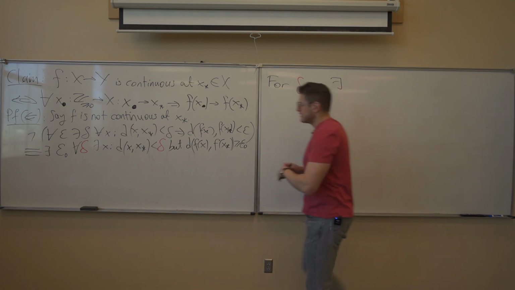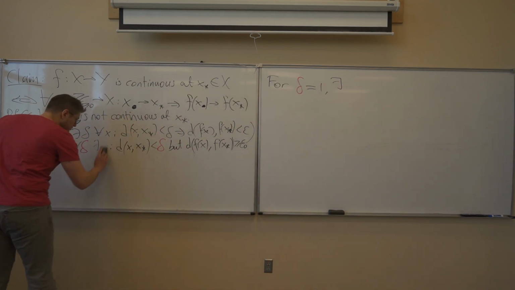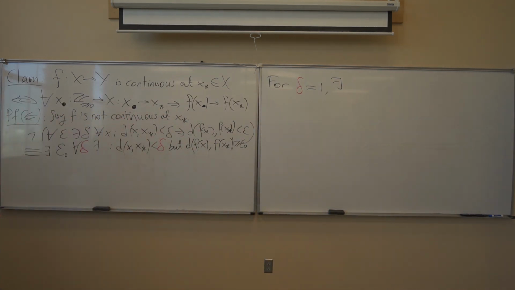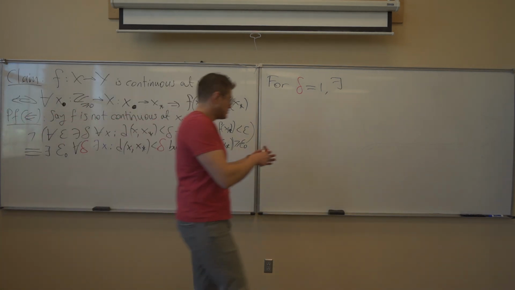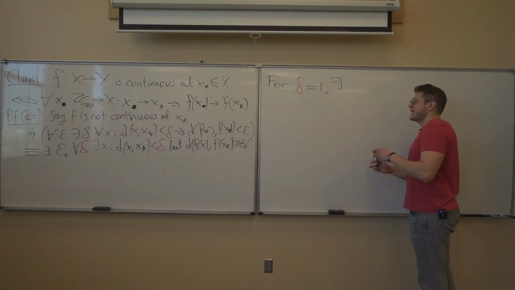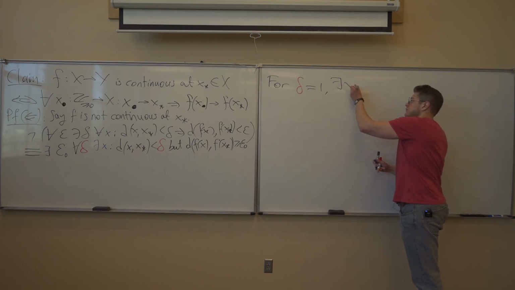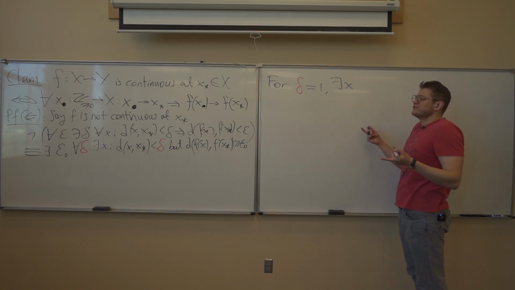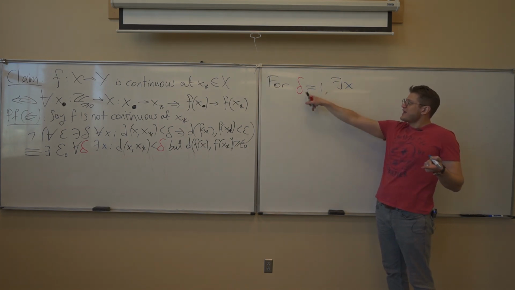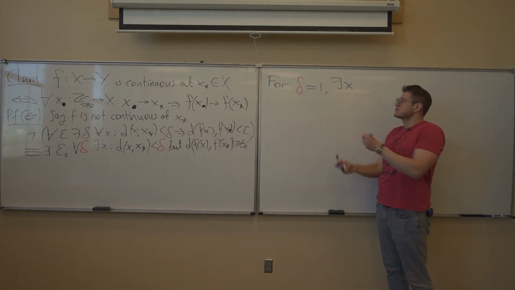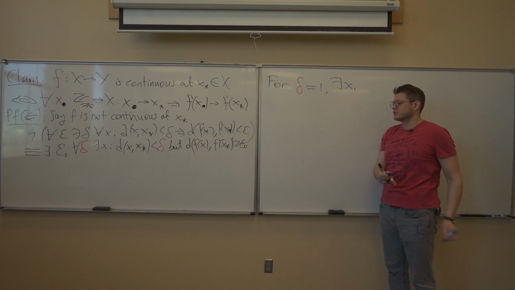There is, and let's use another color here, let's use blue, there is an x. But instead of saying just x, because this specific x depends on delta being 1, I'm going to call it x sub 1, okay?